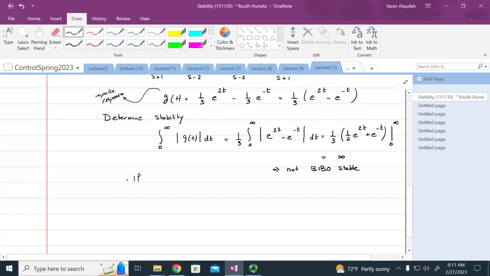If I have an input that is equal to u of t, what is the output going to equal? It's going to equal 1/3 the integration from 0 to t of e to the 2t minus e to the negative t dt. And this is going to go to infinity as t goes to infinity.